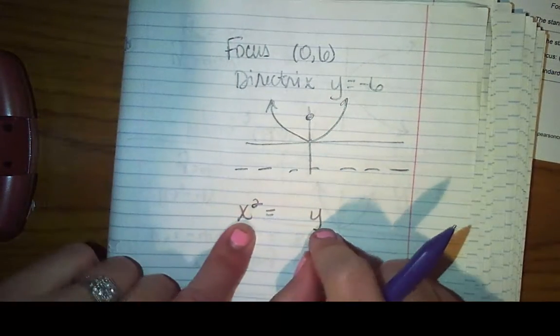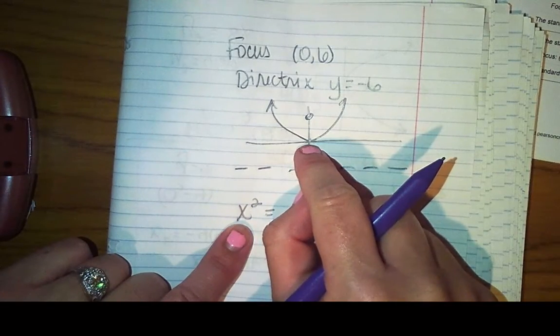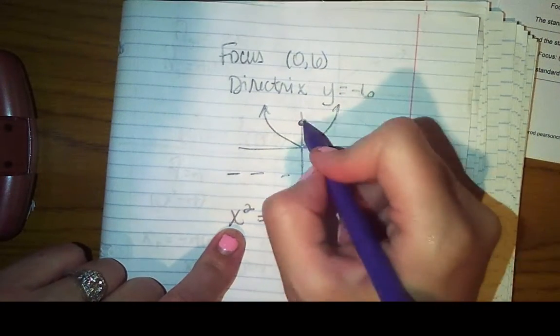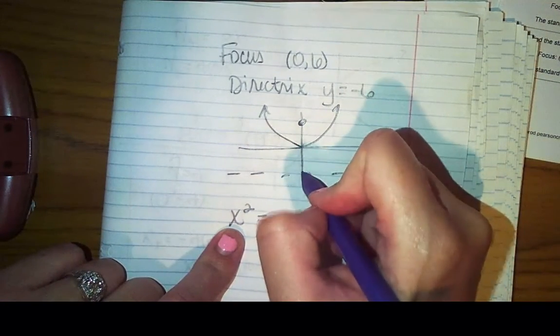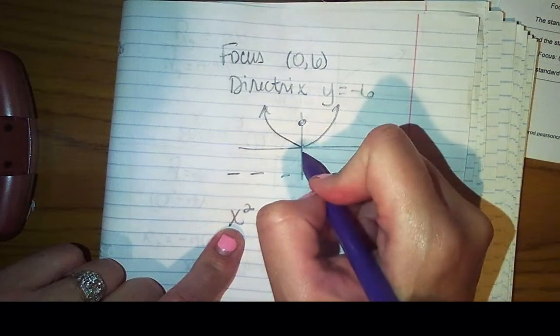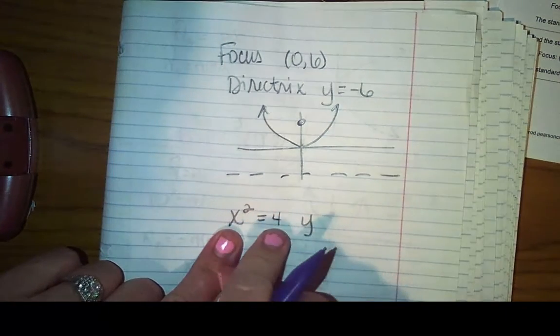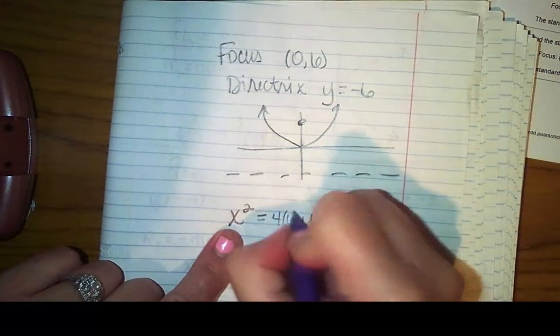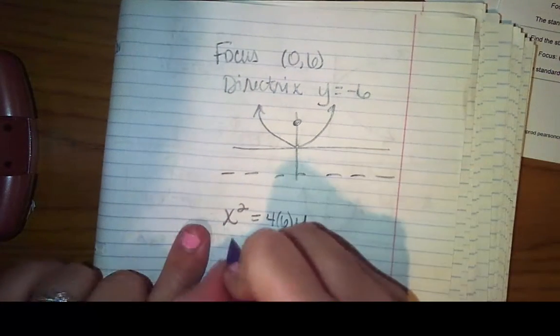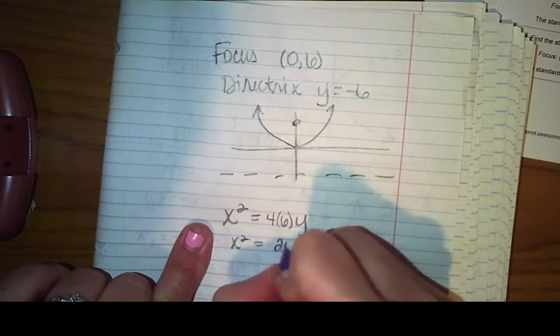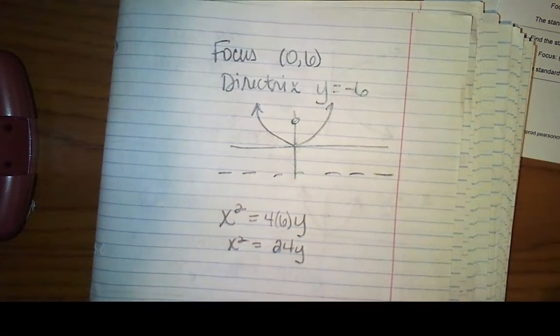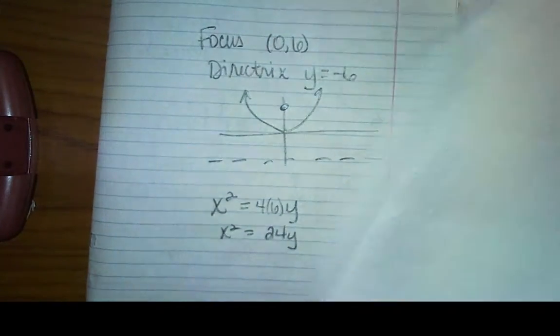There's nothing being added or subtracted because your vertex is at 0, 0. Then how far up and down did you go? You went 6 up and 6 down. So you have a 4, which is part of your formula, times 6, which is your multiple. So that becomes x squared equals 24y, and that is your formula in standard form.